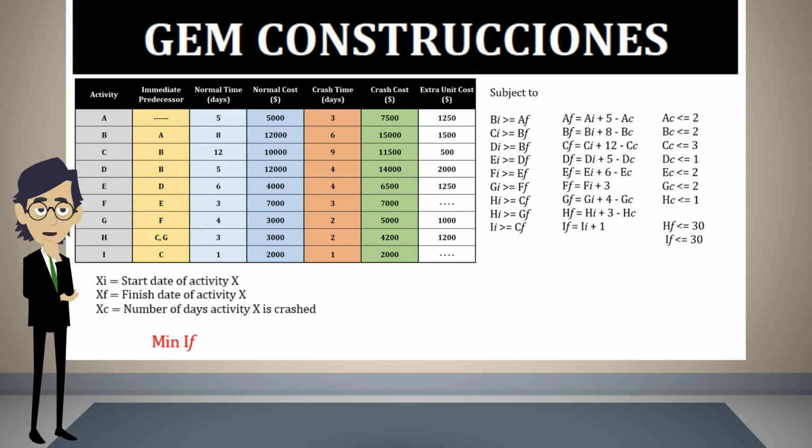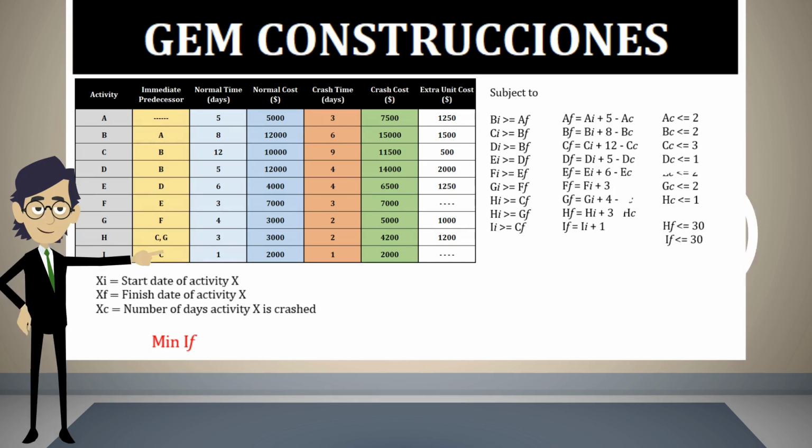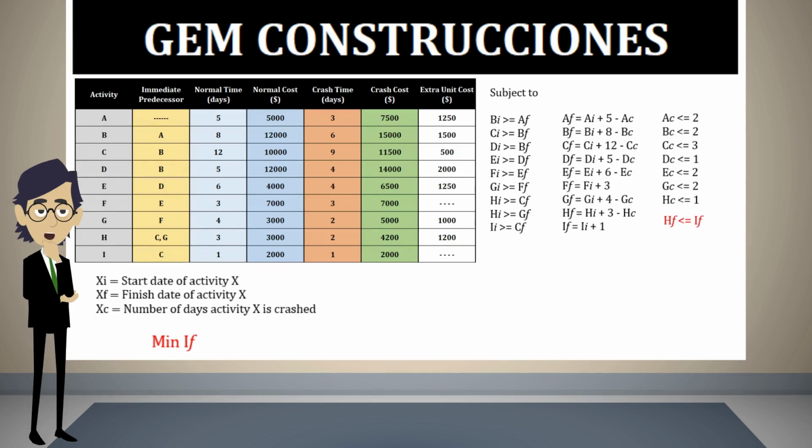We also discard the two last constraints which ensured that the project would be finished in 30 days or less, and substitute them with the constraint that ensures that the finished time of activity H will be less than or equal to the finished time of activity I. Finally, recall that we do not wish to spend more than $60,000 in each house, and therefore, we only have $2,000 to crash the activities.